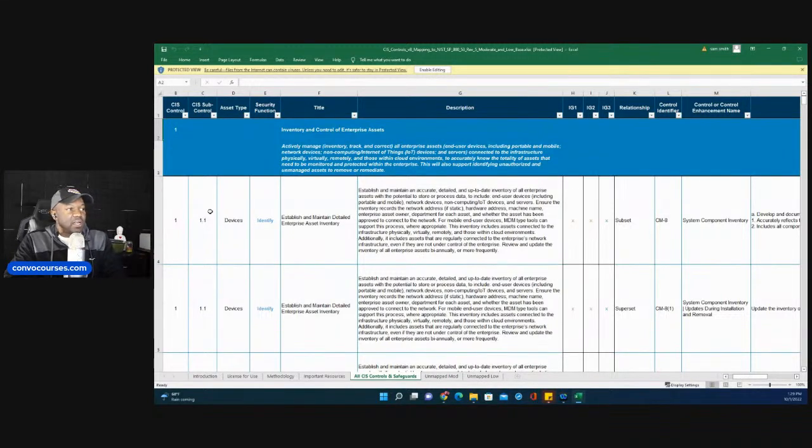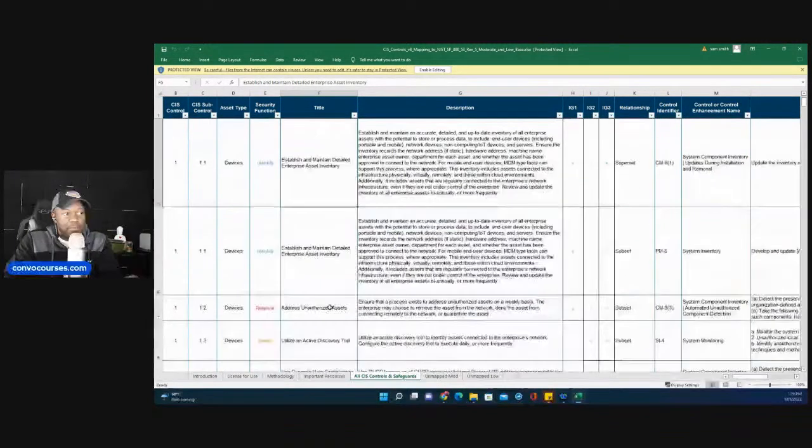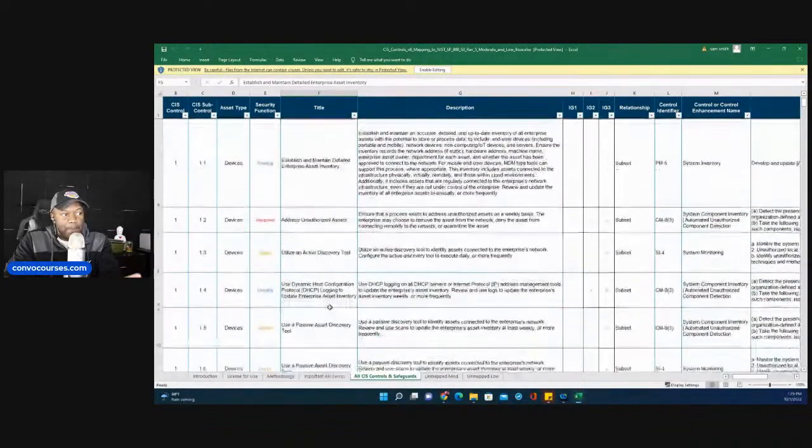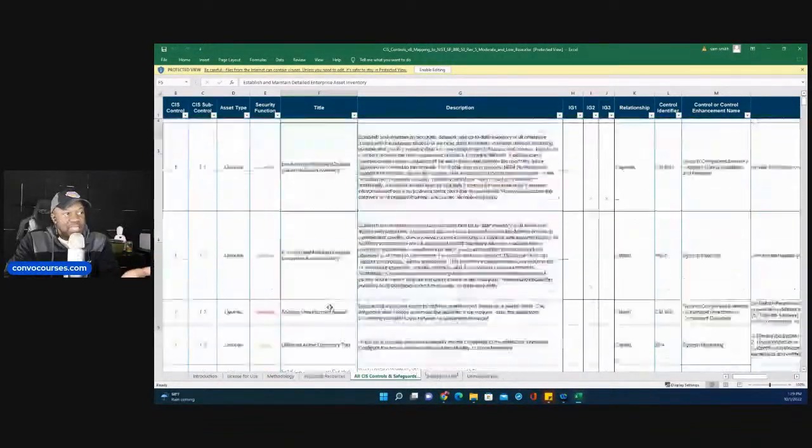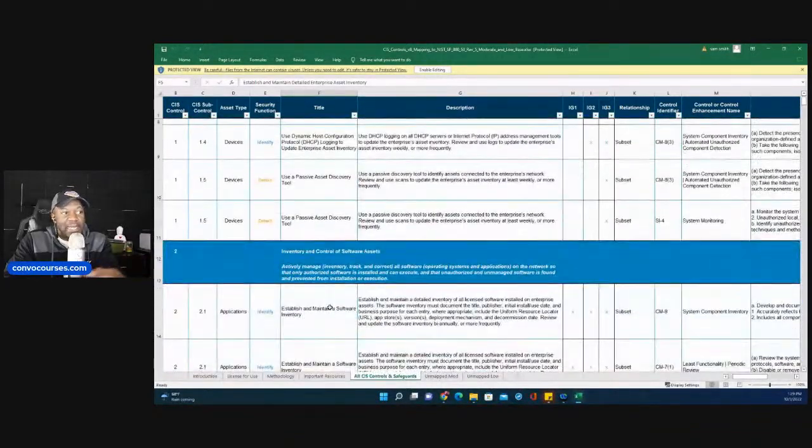Let's just start off with CIS control 1.1. It's focusing on establishing and maintaining a detailed asset inventory. That includes your software, your hardware, all that kind of stuff. If I'm not mistaken, they break it up by software and hardware, but for the sake of this, we'll just stick with control 1 as a whole.